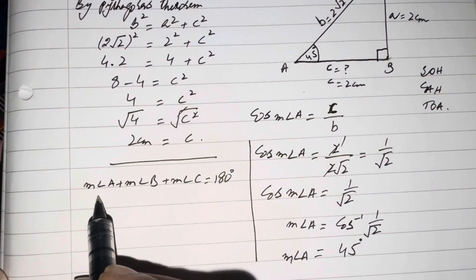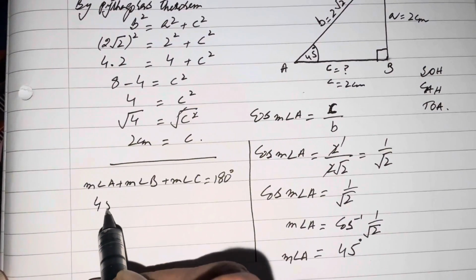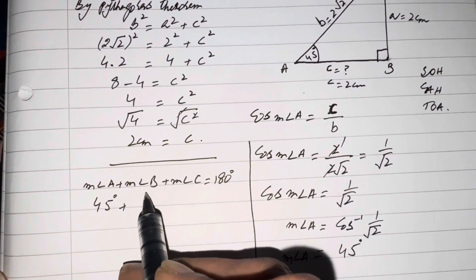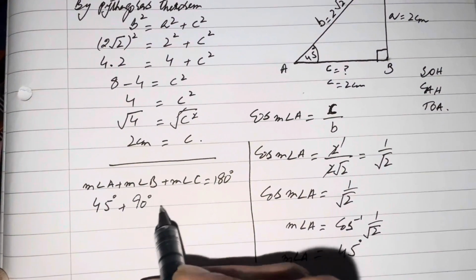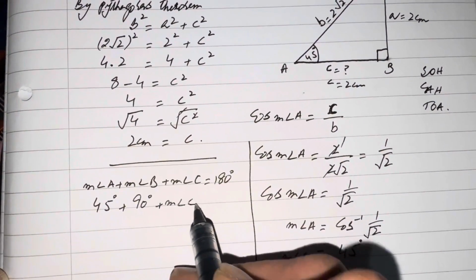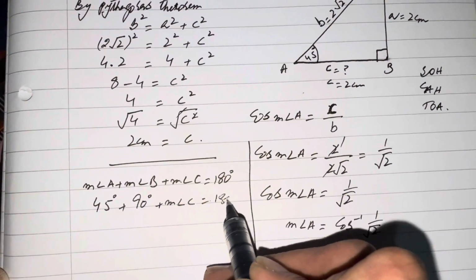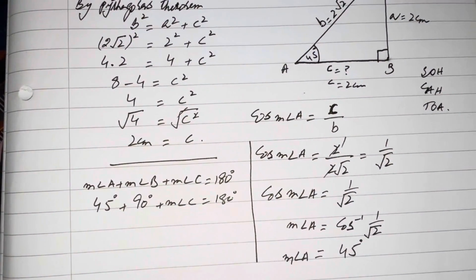So the value of A is 45 degrees plus measure of angle B was 90 degrees plus measure of angle C we have to find, and is equal to 180 degrees.